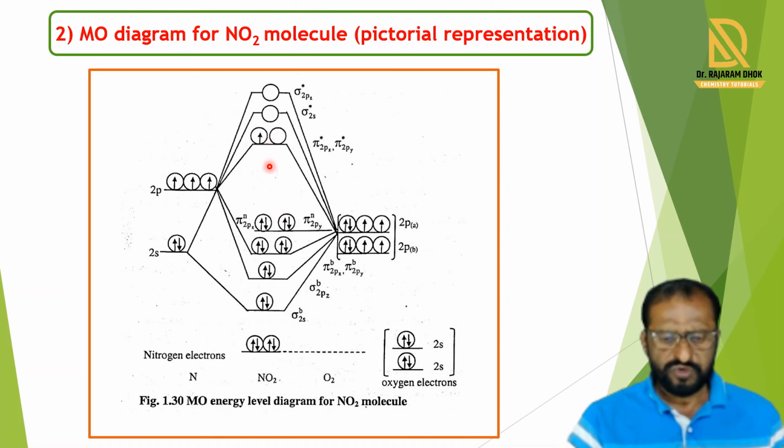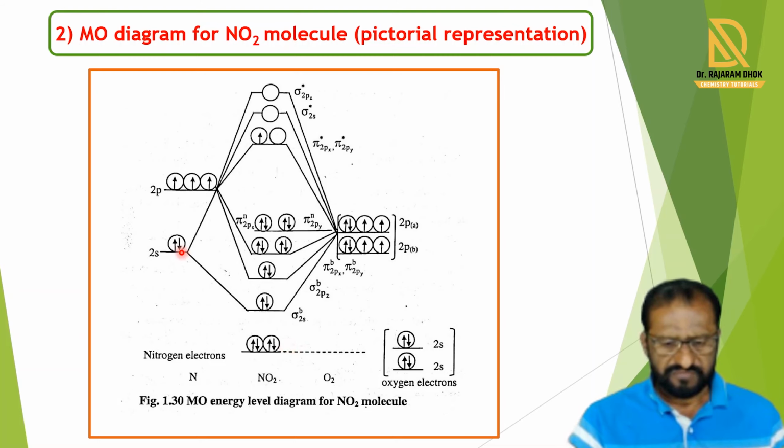So the total number of atomic orbitals in nitrogen and oxygen, that same number of molecular orbitals are formed in the NO2 molecule. Now we see the filling of electrons. Here the 2s atomic orbital of oxygen forms non-bonding molecular orbitals, so those electrons are filled here.